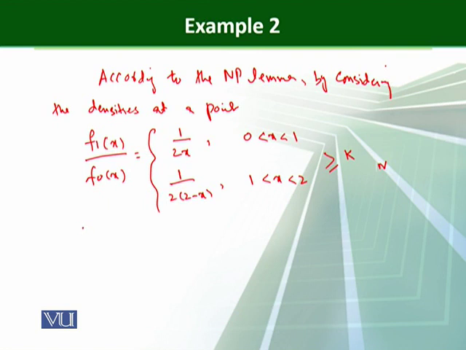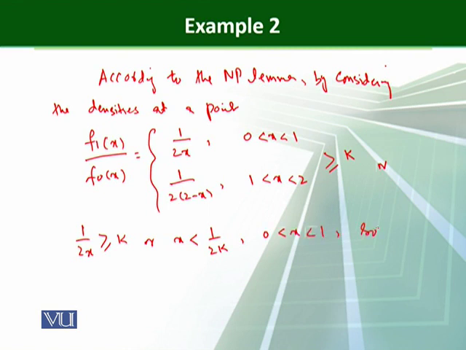So if 1 over 2x is greater than or equal to k, then x is less than or equal to 1 over 2k, for 0 less than x less than 1.